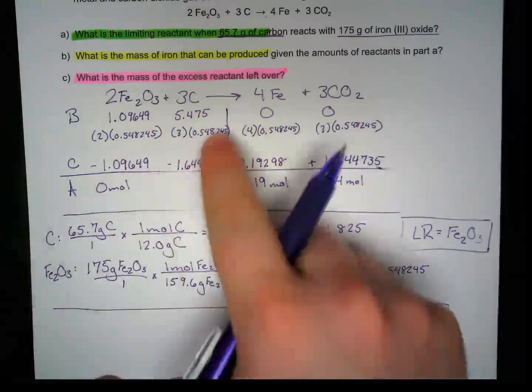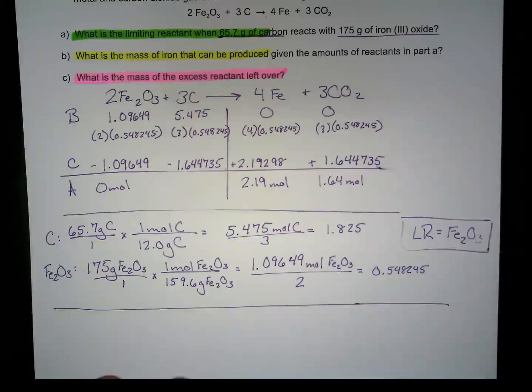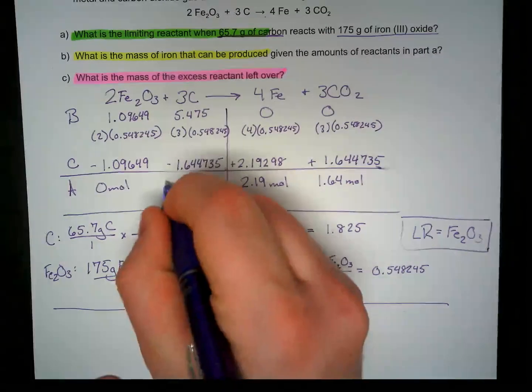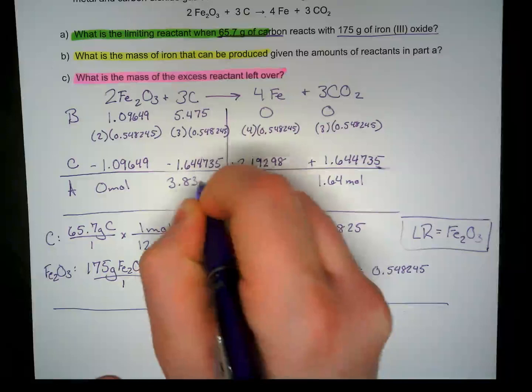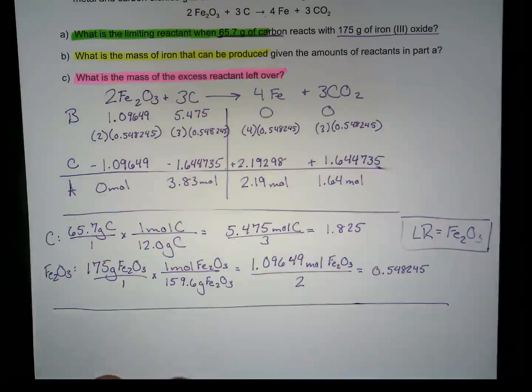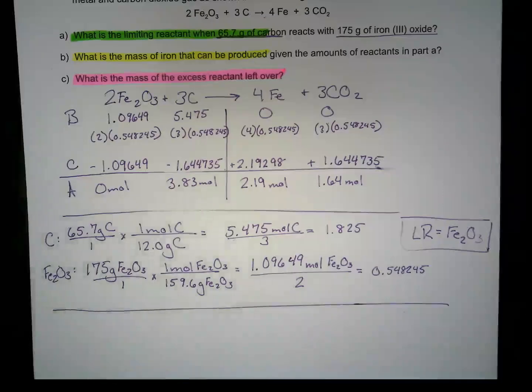Then for our excess reactant, it's going to be 5.475 minus 1.644735. It looks like we should expect to be left over with 3.83 moles of carbon.